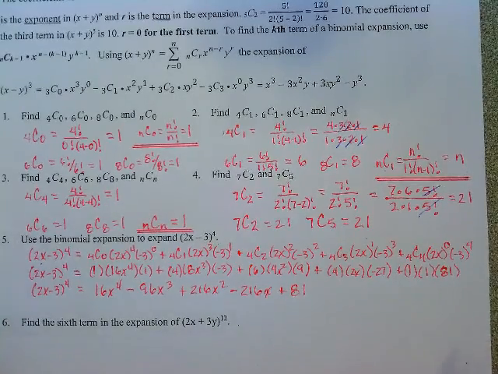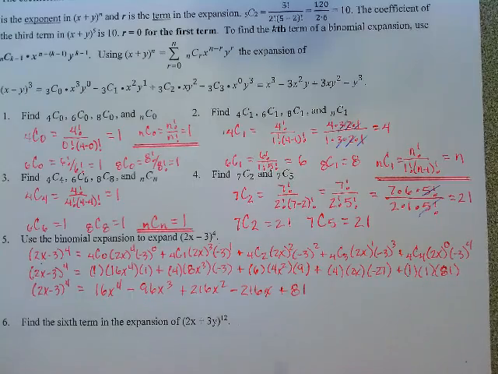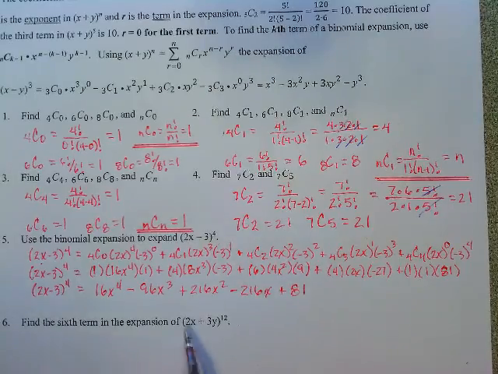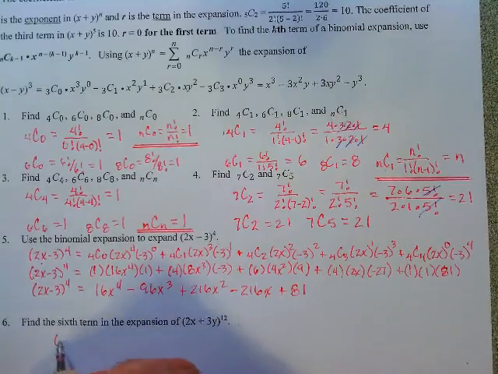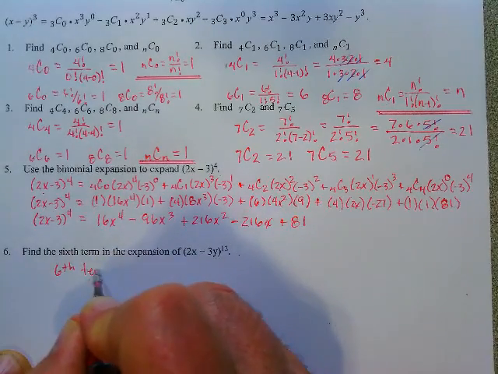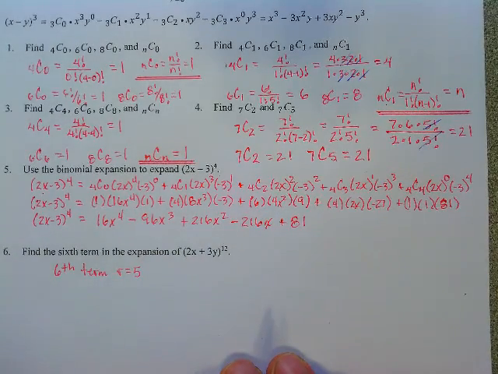Alright, now what we can also do is use the fact that r starts at 0, that instead of having to do an entire thing, suppose that all we wanted was just a particular term. So for instance, we want just the 6th term of 2x plus 3y to the 12th power. Okay, well remember, for the 6th term, r is going to equal 5, because it starts at 0, so 0, 1, 2, 3, 4, 5.